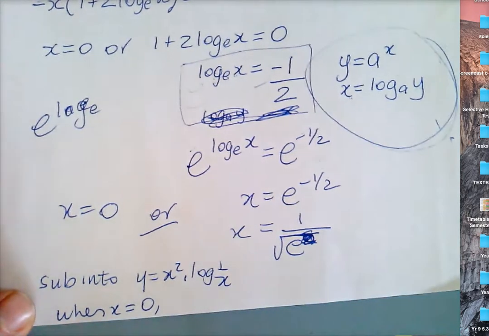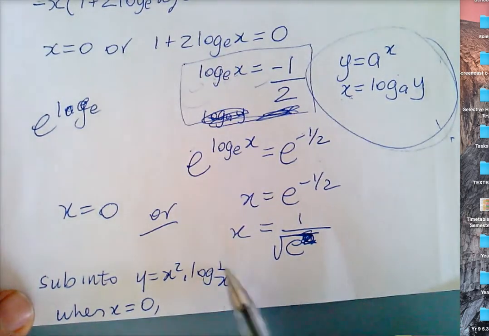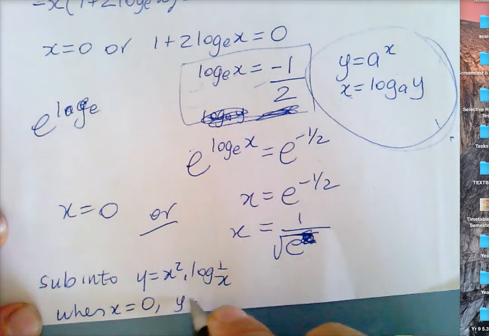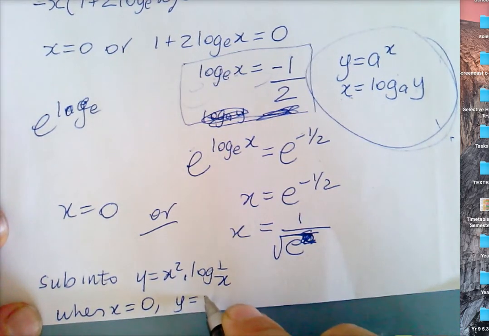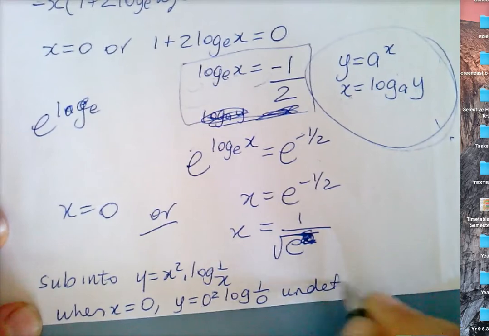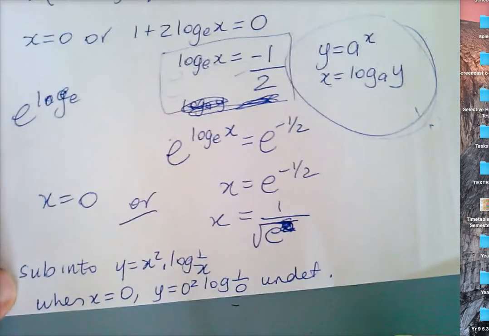Well, then you don't have to worry about the rest. And that's actually not... log of 1 on 0 is undefined. That might be an undefined point. Well, no, because I think it's 0 squared log of 1 on 0, that's undefined. That may not be a point.